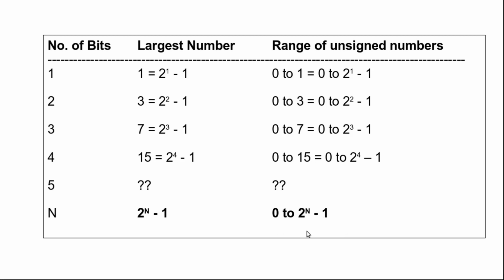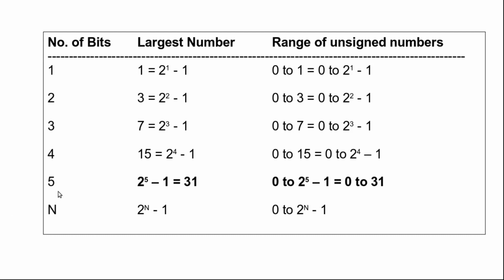And what that means is, when we have 5 bits, the largest unsigned number that we will be able to represent is 2 to the power 5 minus 1, which happens to be 31, and hence the range will also be from 0 up to 31.